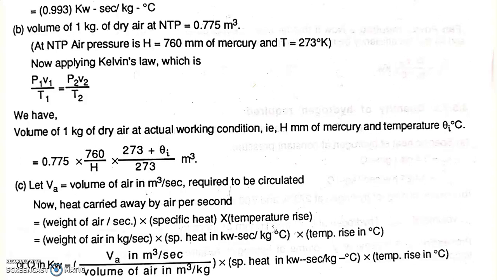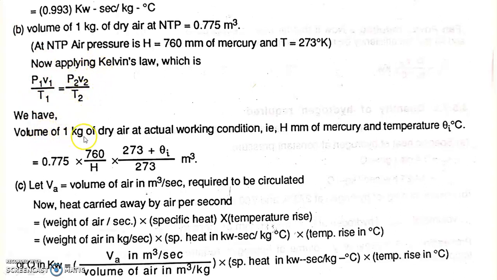By applying the gas law of pressure, that is P1 V1 upon T1 is equal to P2 V2 upon T2, from this balance equation, we can calculate the volume of dry air required.